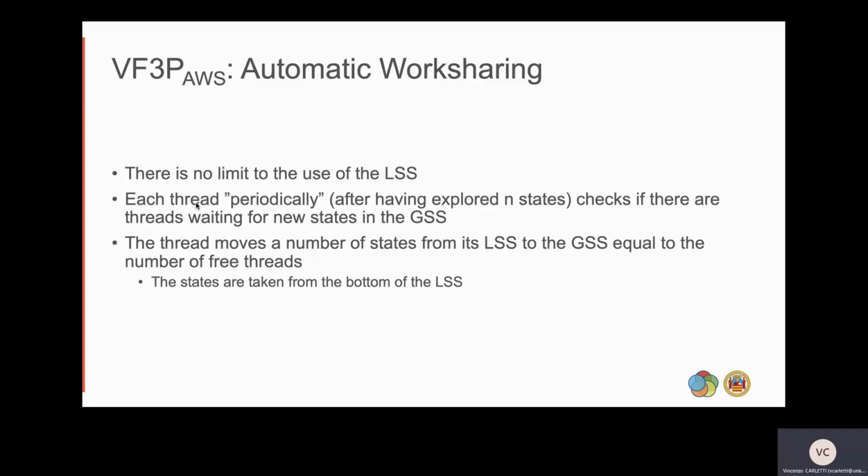Another solution is to still not limit the local state stack, but to check periodically if there are threads that are waiting for new states because they have finished their work. We call this strategy automatic work sharing.